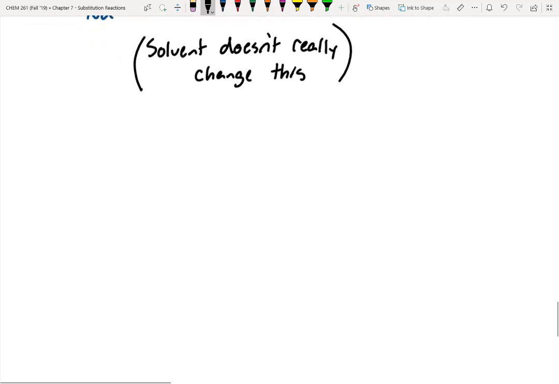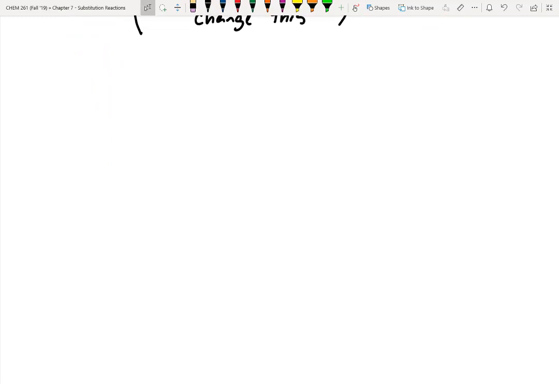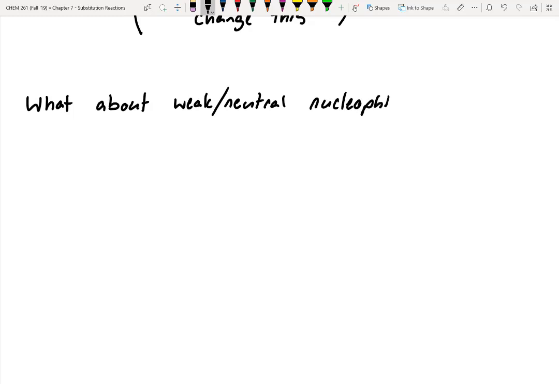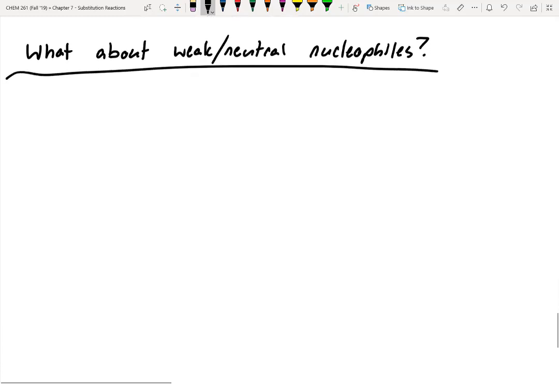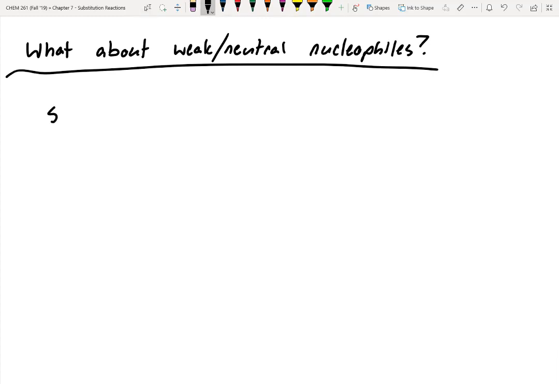All right? Let's do a couple more. What about weak or neutral nucleophiles? So let's do two of these. We'll do same column, and then over here we'll do same row.